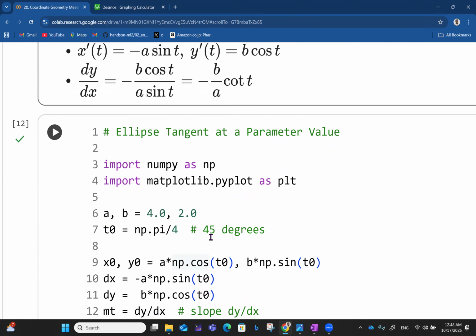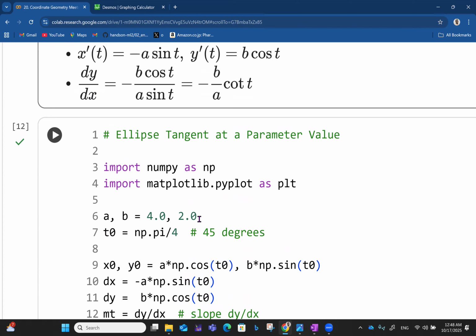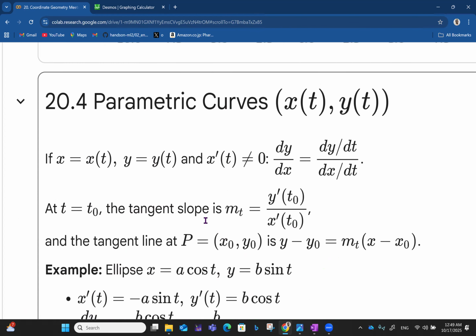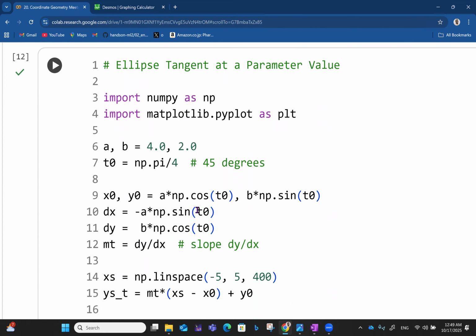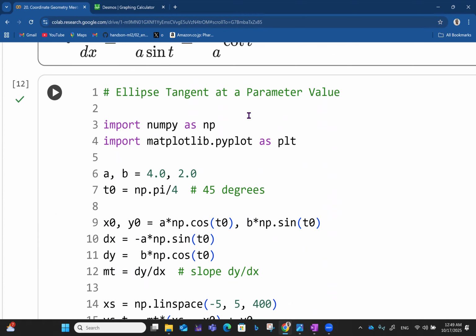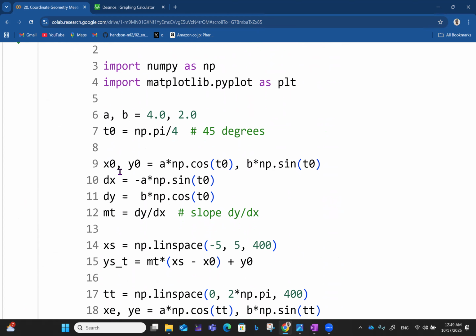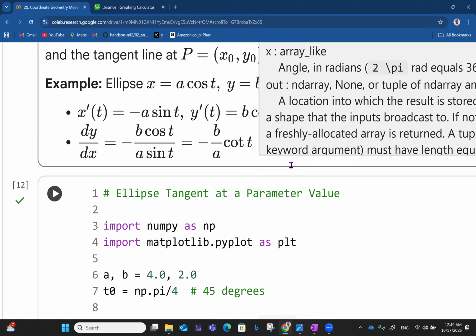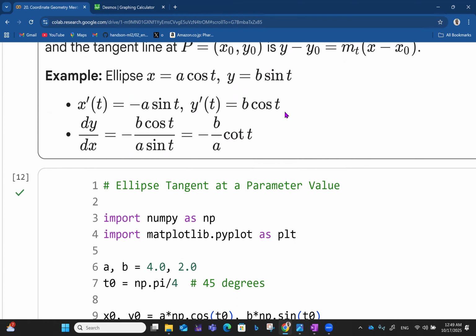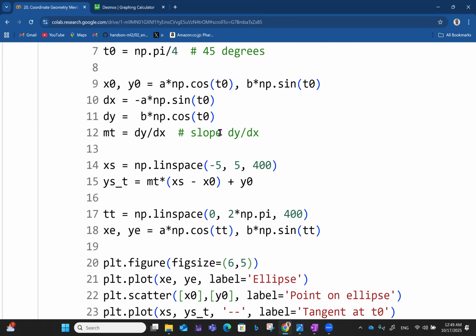So imagine that our a is 4.0 and b is 2.0. If we have that, then we have our t naught. T naught is an angle pi over 4, that's 45 degrees. And then we have x naught, y naught to be a cos theta, b sine theta, like we defined up there.